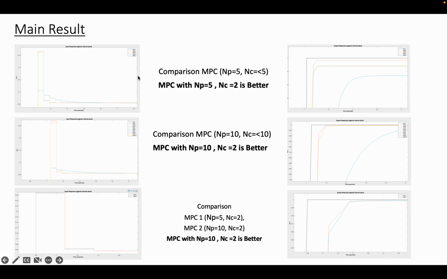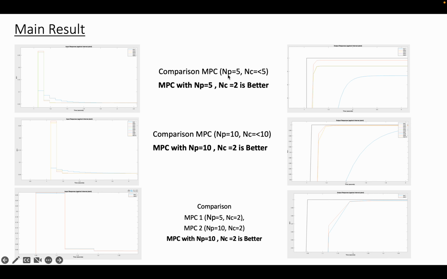On the left side is the input of the MPC simulation in MATLAB, and on the right side is the output of the MPC simulation in MATLAB.